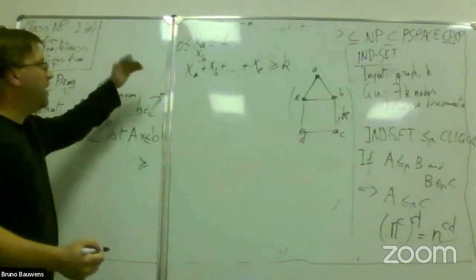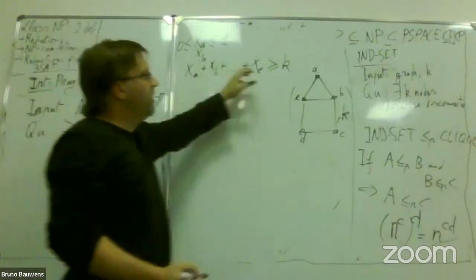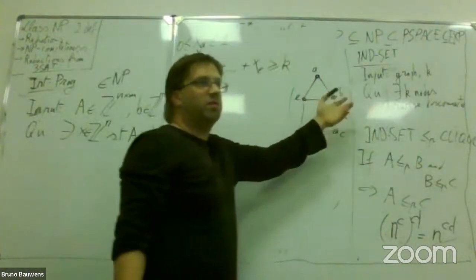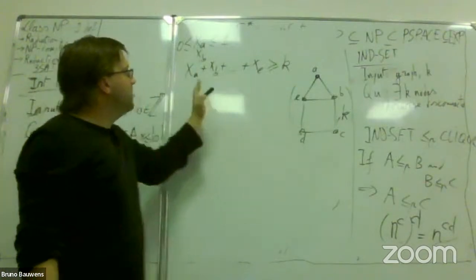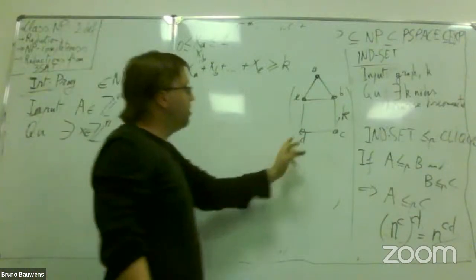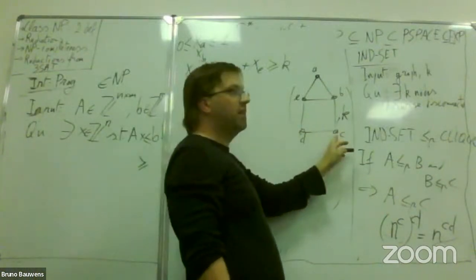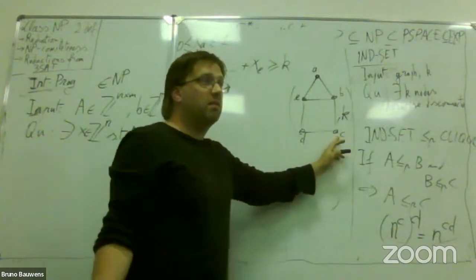This is a common transformation when you want to solve the independent set problem with constraint programming. Now I will also require that no two nodes are selected that are connected.